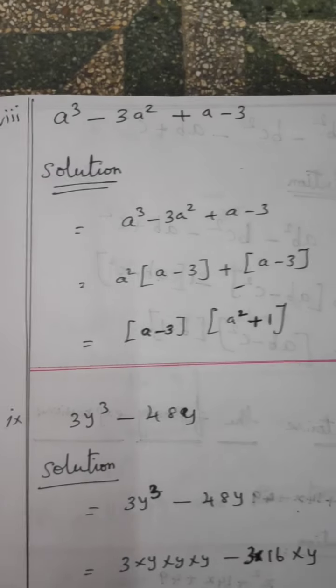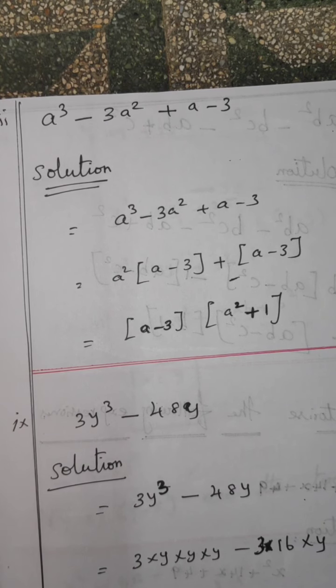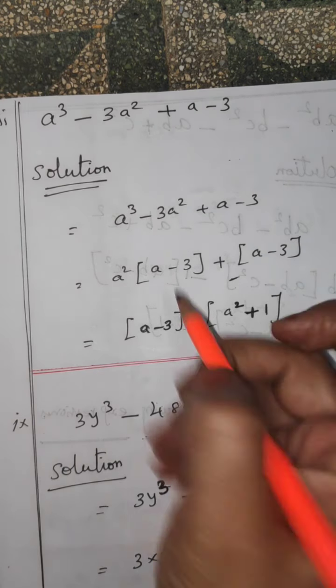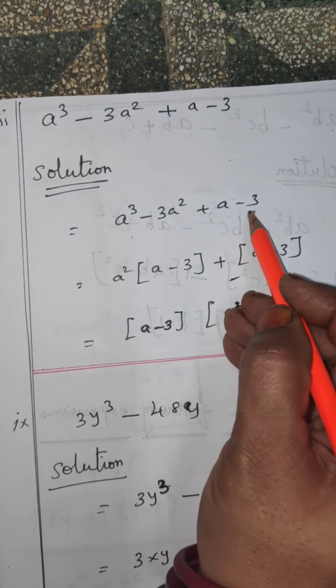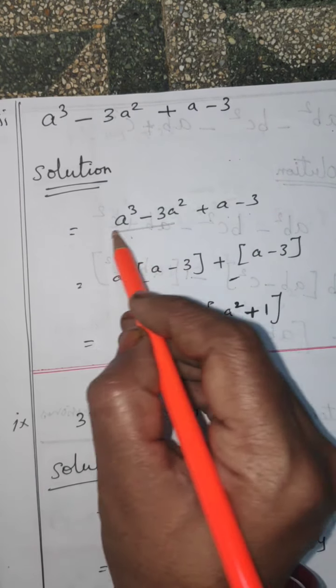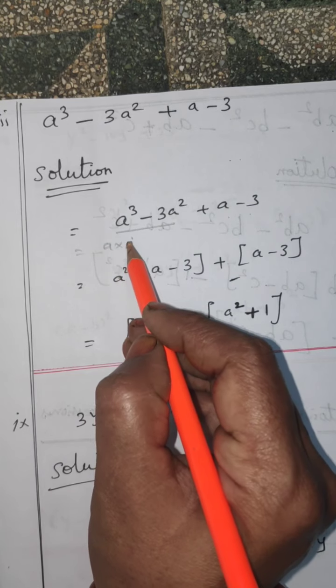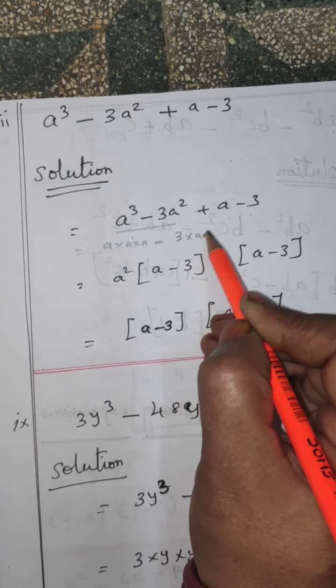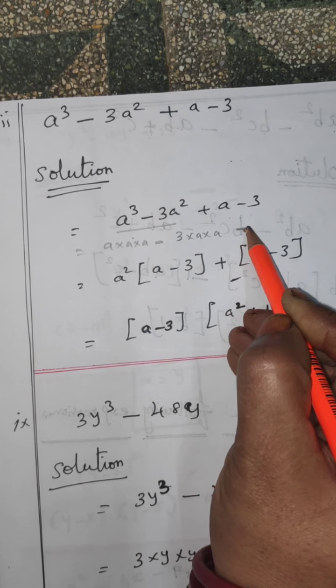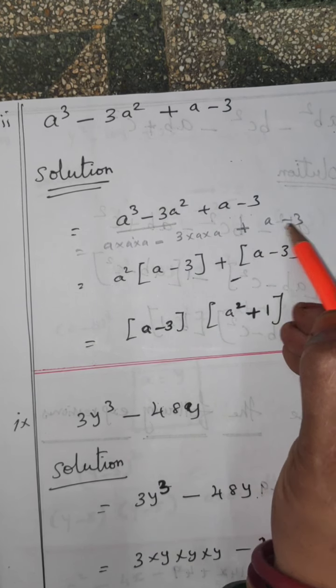Next question: a cube minus 3a squared plus a minus 3. See there, a cube, how do we expand? a into a into a, minus 3a squared, 3 into a. Next symbol is plus a minus 3.